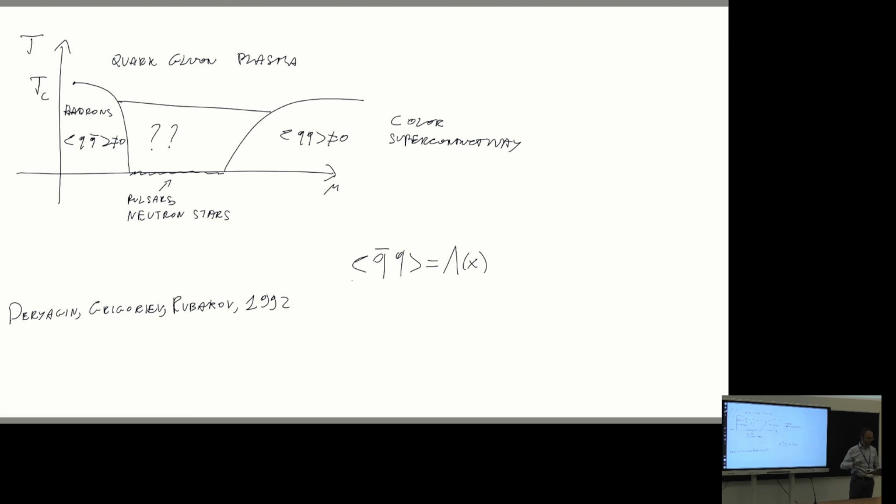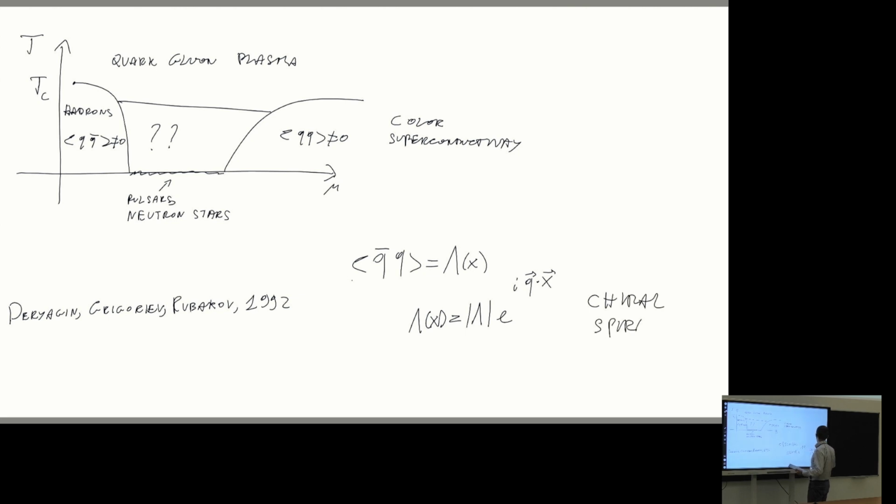We are at finite temperature. Lorentz invariance is already broken. Then they pointed out that actually there is a configuration which dominates, in which the condensate depends on x in the following very simple form. It's what they call the chiral spiral.